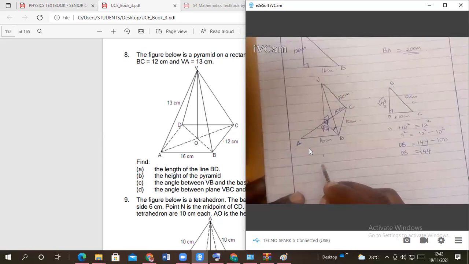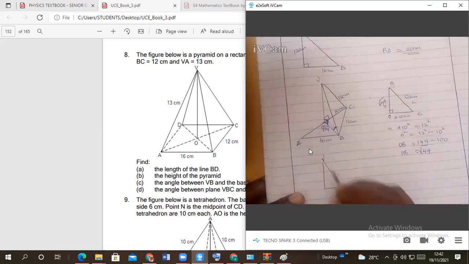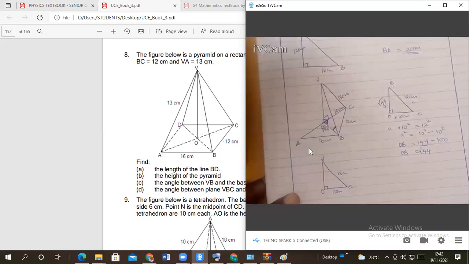The triangle she used was V, then C, then O: 10 centimeters and 13 centimeters. And how would you find VO? You use Pythagoras theorem. Are you following?